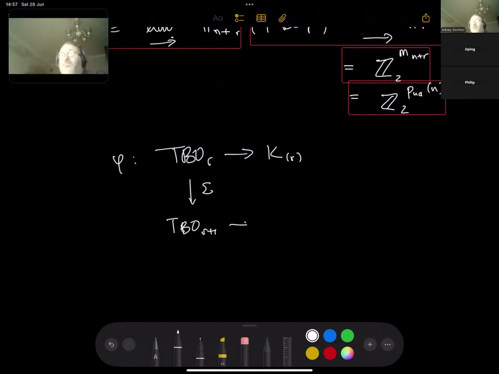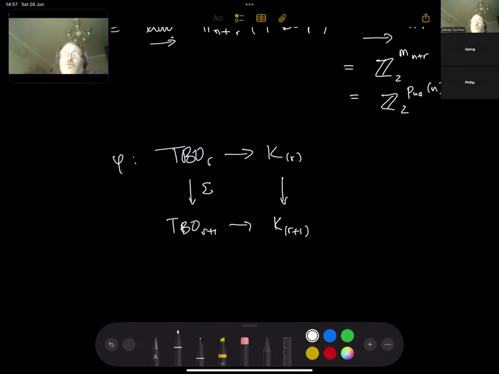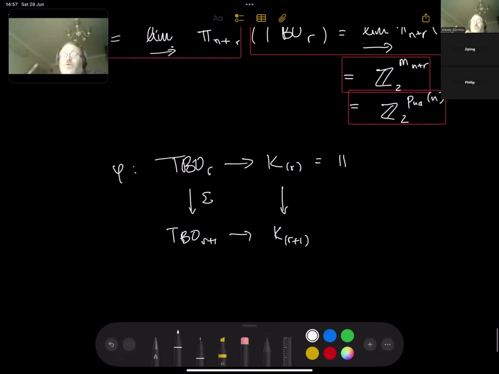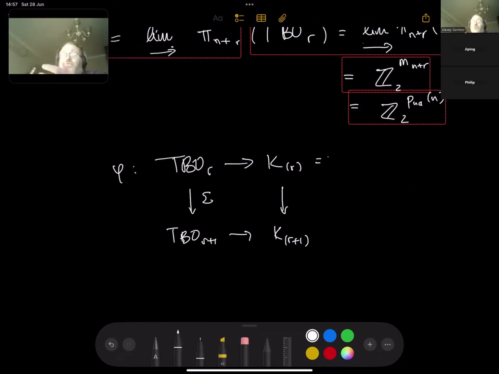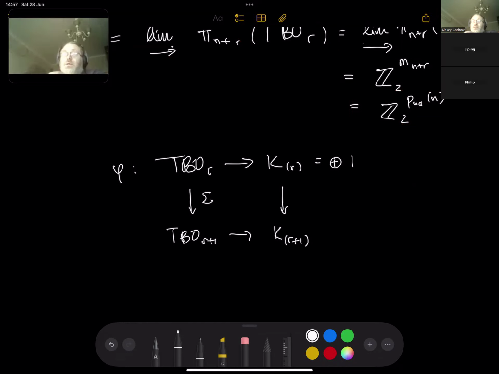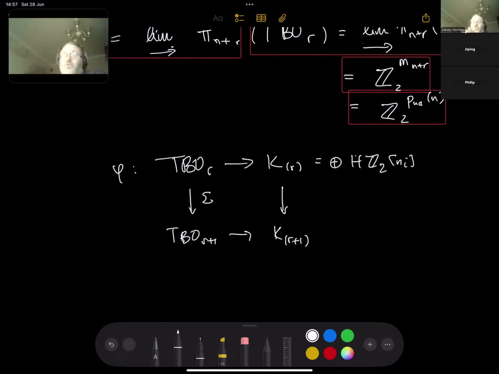This is straightforward from the way we construct K. We take TBO, which we know to be the cohomology of MO, and we add some new generators which occur in degree 2R plus 2, something like that, and 2R plus 1.